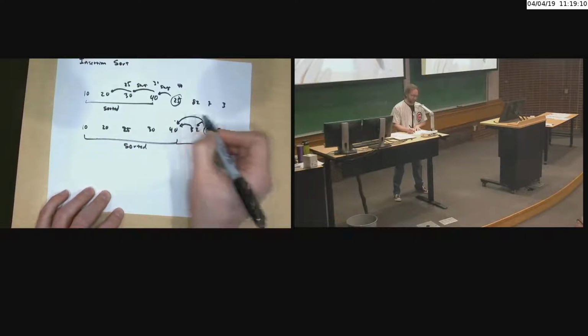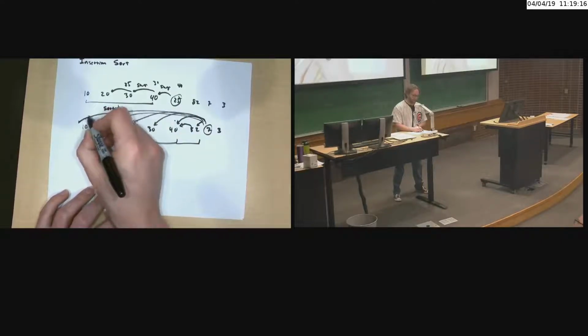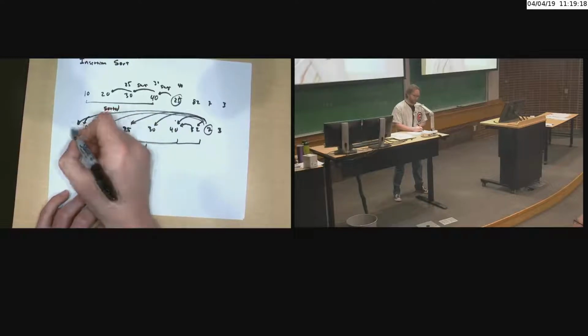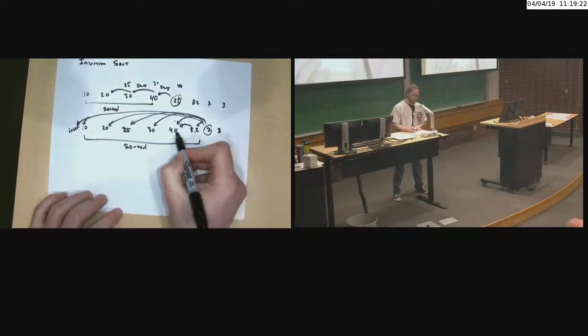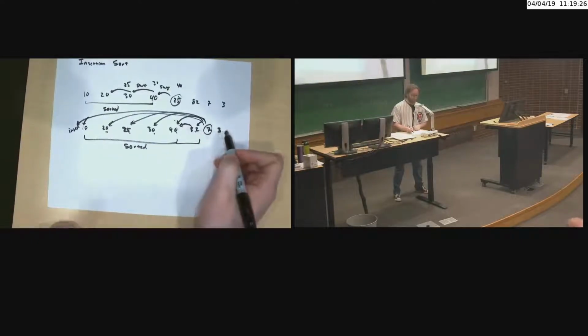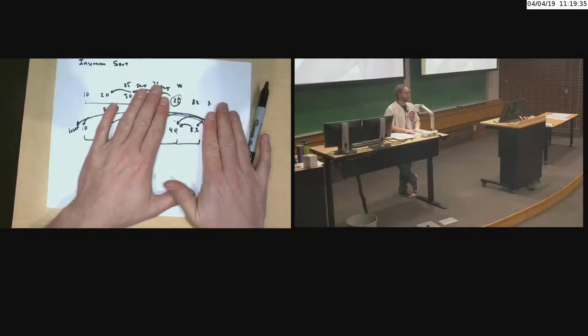Comparison, comparison, comparison, and I end up inserting it all the way down here. So I made 1, 2, 3, 4, 5, 6 comparisons in the worst case, and on the next one, it'll be even worse. I'll make 7 comparisons. But the point is that sometimes you only have to make 1 comparison to insert it.